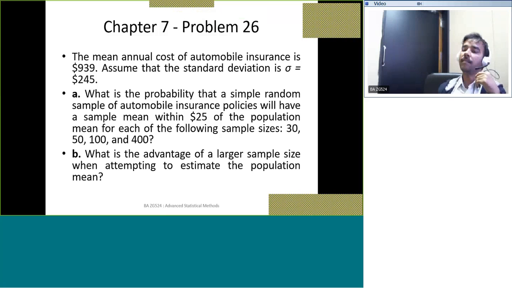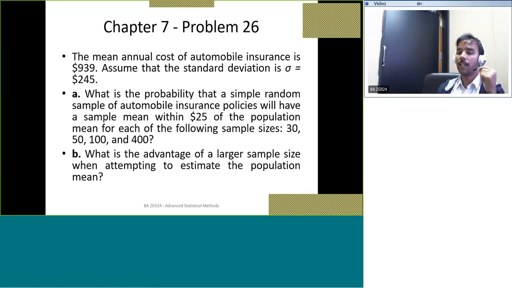That's why, by the central limit theorem, the sample mean X bar always follows normal distribution. With mean, how do you know? Because expectation of X bar is mu, so with mean mu, and variance of X bar is sigma square by n, or standard deviation of X bar is sigma by root n.